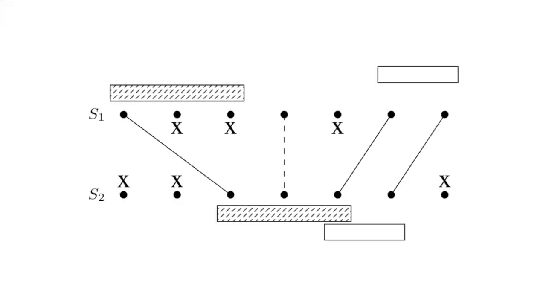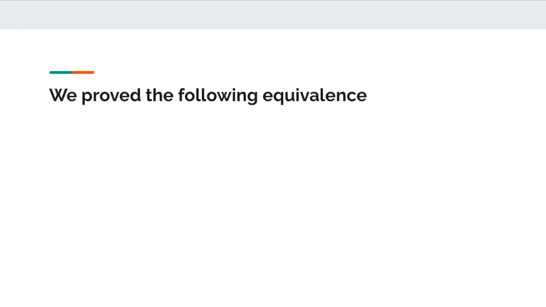This illustration of an alignment shows exact matches as solid edges, substitutions as dotted edges, and deletions as x's. And the key here is that any solid edge is always going to be supported by an anchor in anchored edit distance. Now our work proves the following equivalences.